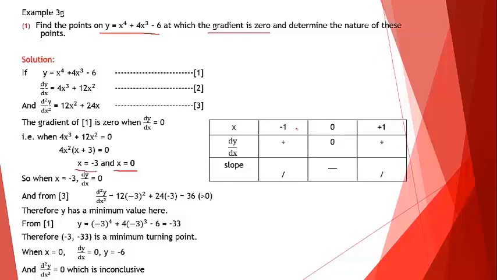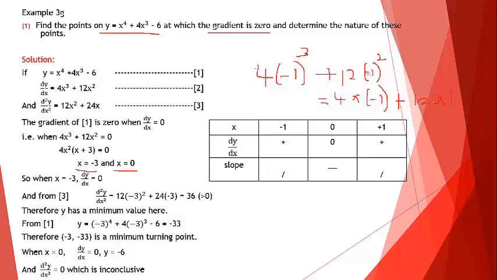So by taking a value less than 0, which is -1, and substituting that in dy by dx, we get a positive answer. By substituting -1 in the equation dy by dx equals 4x cubed plus 12x square, we get 4 times -1 cubed plus 12 times -1 square, which equals 4 times -1 plus 12 times 1, which is 12.